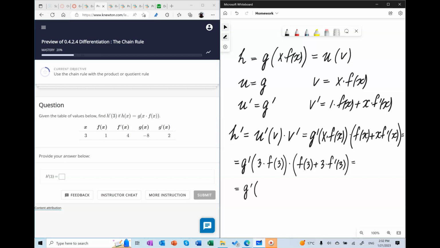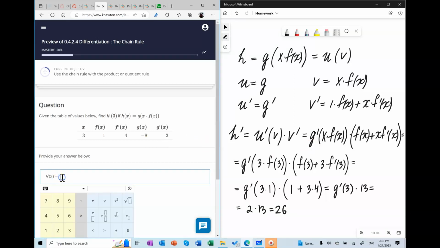Here we have 3. What's f of 3? F of 3 is 1, and f prime of 3 is 4. So at the end of the day we have g prime of 3 times 13, and g prime is 2. So the answer is 26.